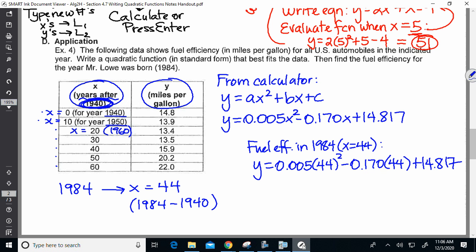Once you show the setup, then it is my full expectation that you are taking that and putting it directly into the calculator. Of course, hey, if you want to work that out part by part, be my guest. That's 17.017. So 17.0 miles per gallon.